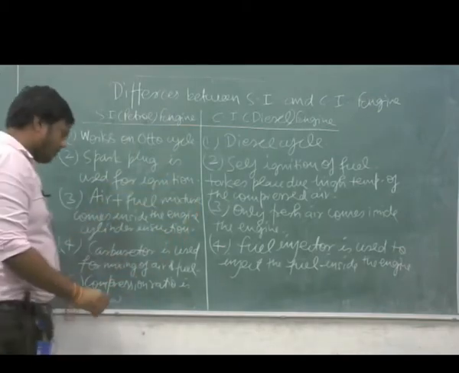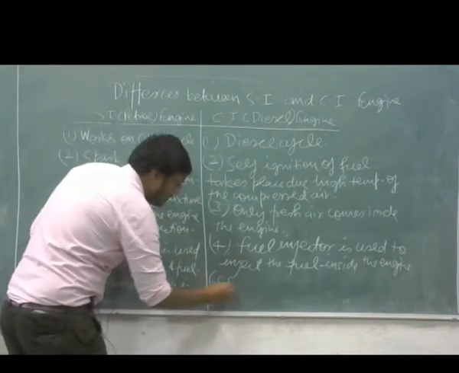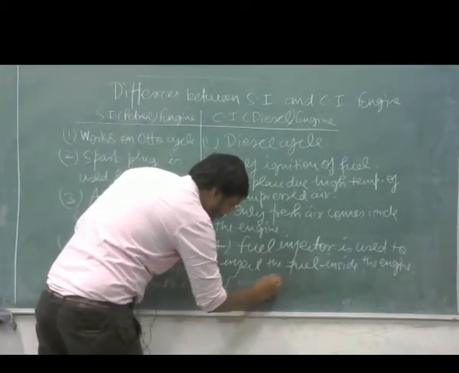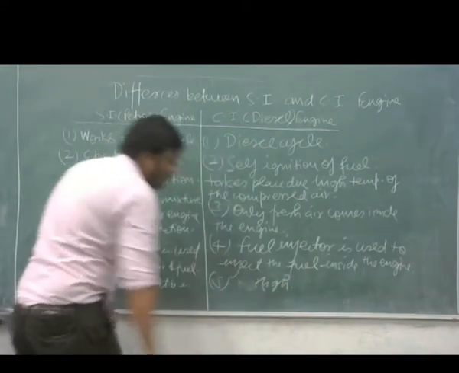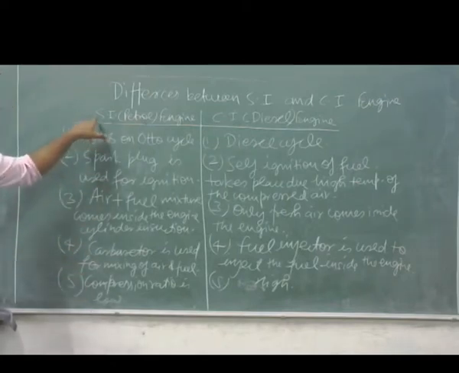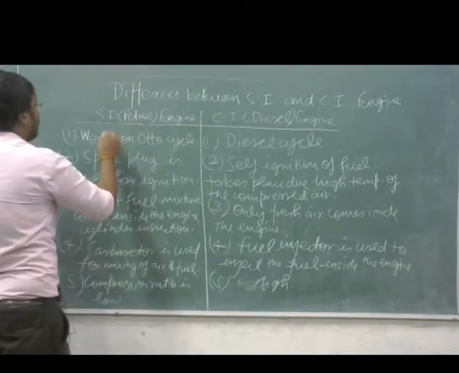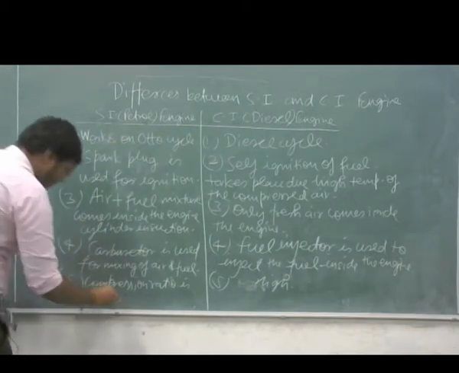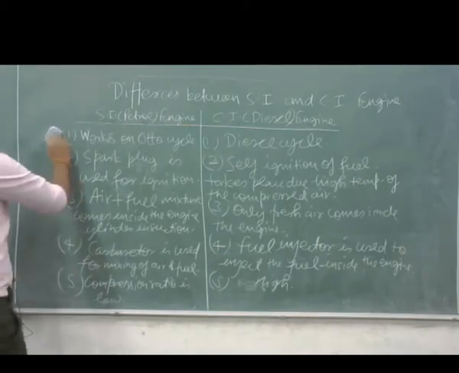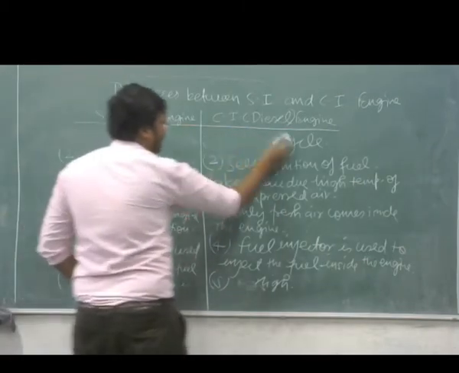But in CI engine, compression ratio is high. Another thing, I said that the size of the engine is small in SI engine. I'm writing here.